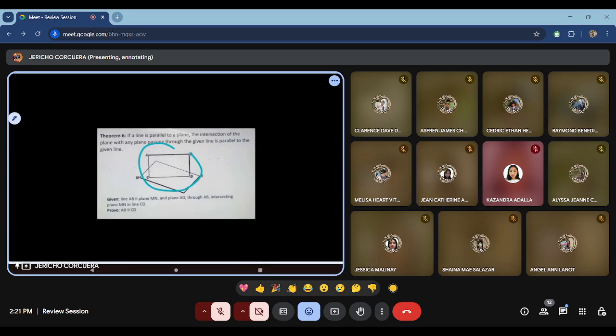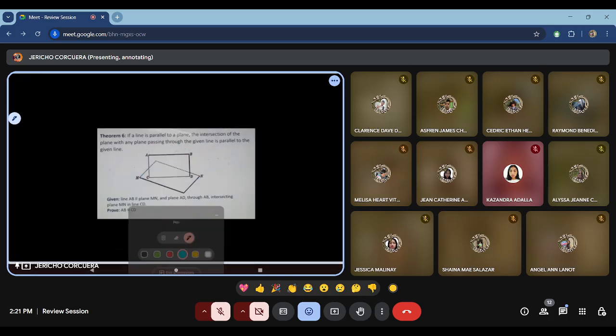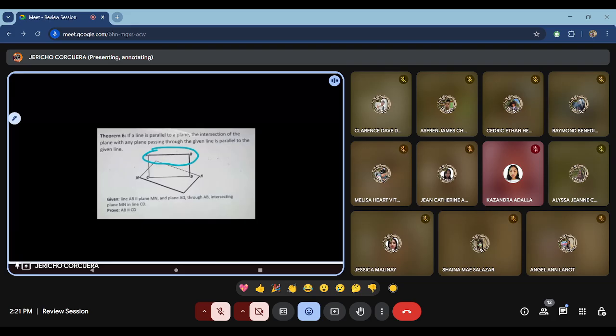Ayan. Yan yung plane na yan. Intersecting plane MN in line CD. Ano yung true AB? Plane AD, true AB. Ito yung line A. Ayan yung line AD intersecting plane MN in line CD.